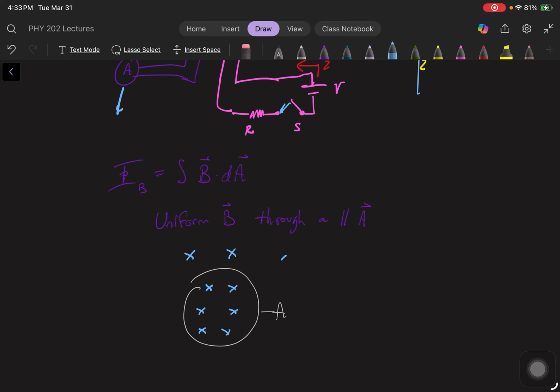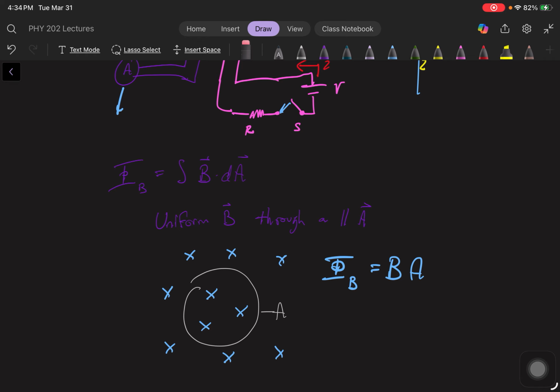And if it's uniform, it can be outside as well. All we're concerned about is what goes through that loop. Then the flux is just equal to BA. If the magnetic field is perpendicular to the surface, so parallel to the area vector, then we can just multiply them together.